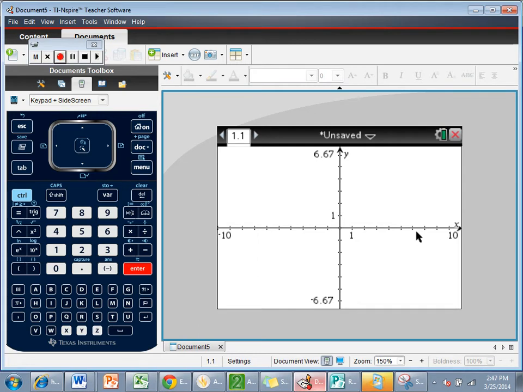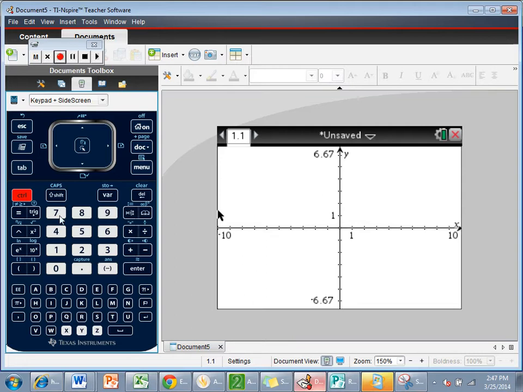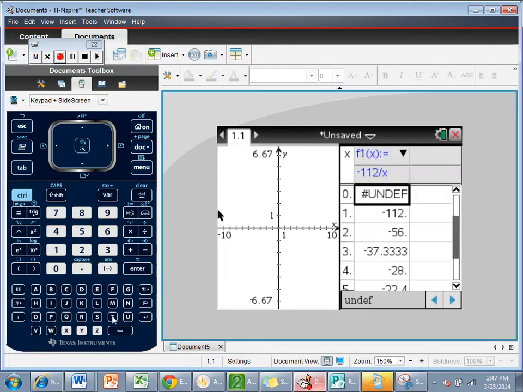Okay, you hit enter. Now you're not going to see anything, that's not the important part, but what you want to do is hit Control T, or bring up your table of values. Now remember, we're trying to find numbers that add up to give us negative 9. So I'm going to scroll through the table of values until I find numbers that are going to add to give me negative 9.